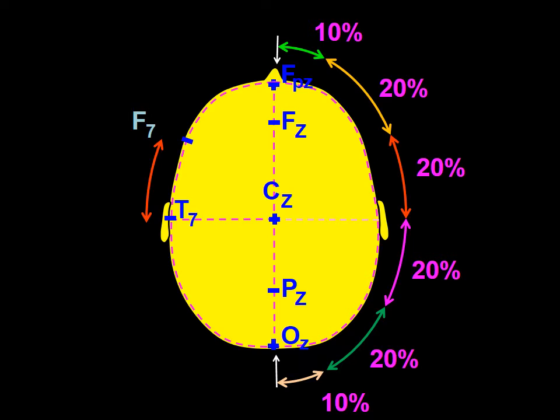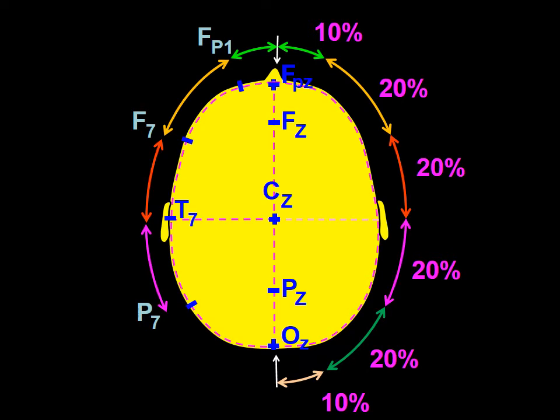From this side going forward, we measure 20% and mark the site for F7, 20% more to place FP1, and make certain we are left with 10% of the distance of half the head circumference between the site of FP1 and FPC.